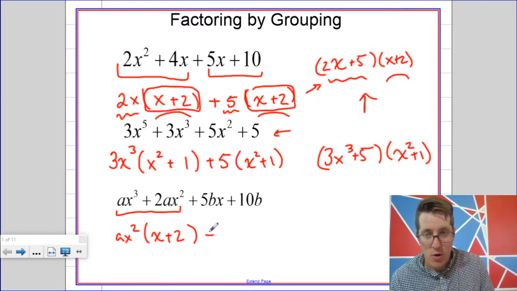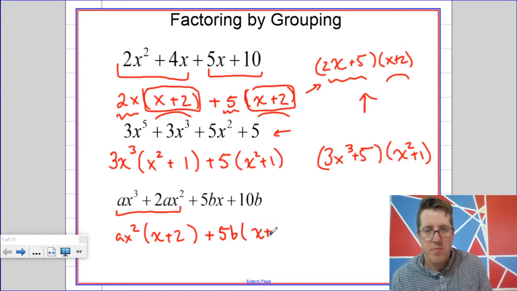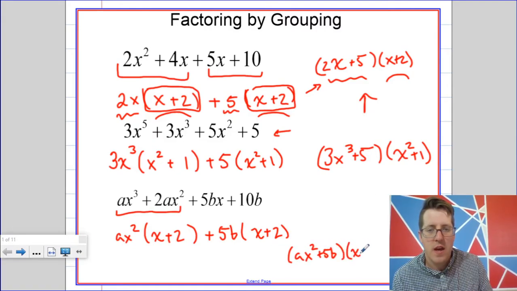And from here, we can factor out a 5b, and similarly get x plus 2. Our end result will be ax squared plus 5b times x plus 2.